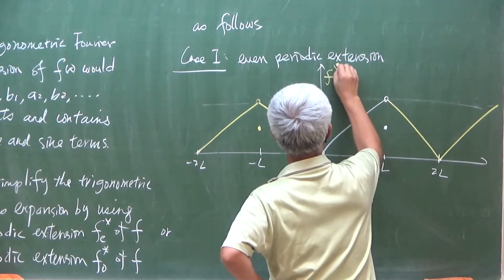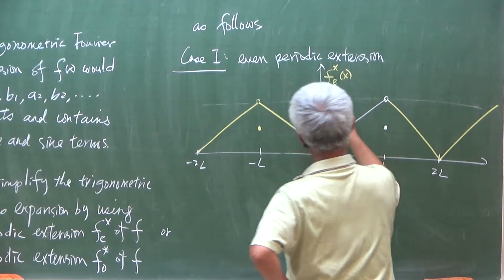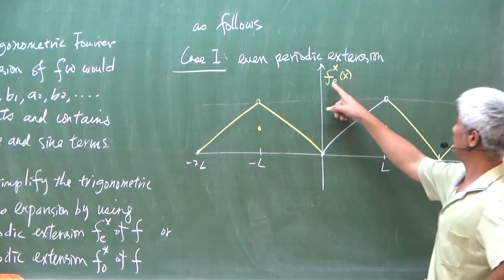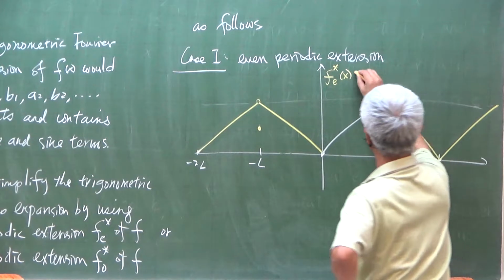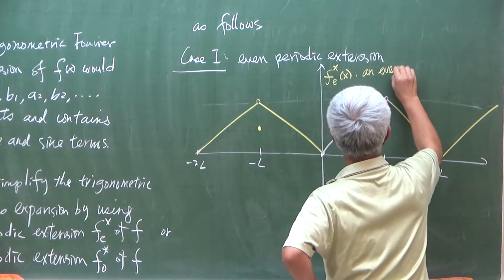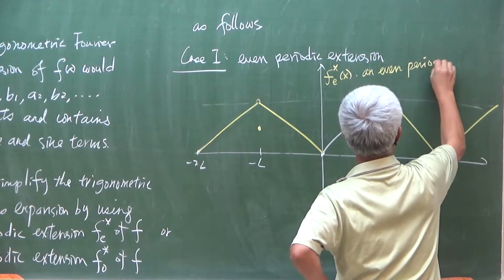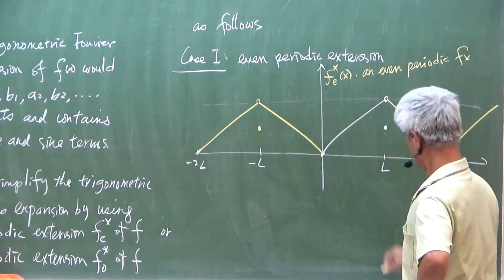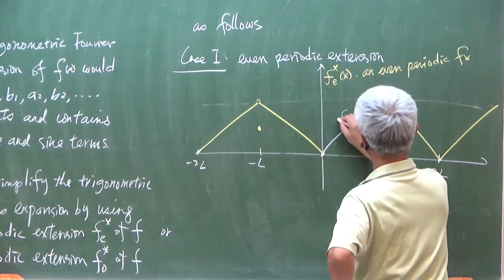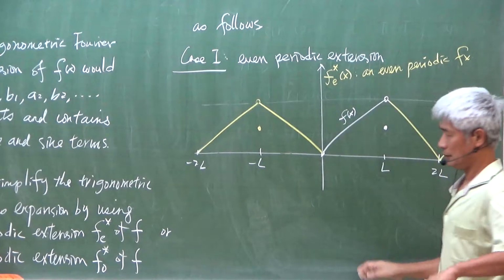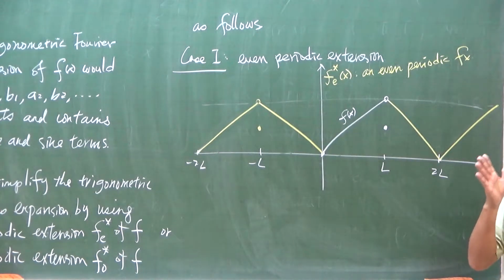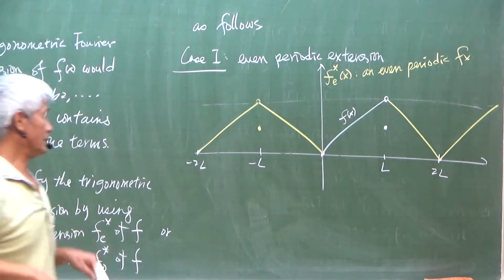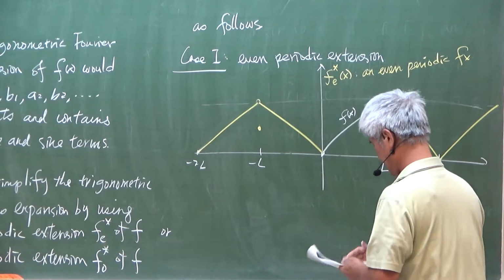So we have an even periodic function here. Right. So now this one is an even periodic function. And f of x here is just in a half range, in half of the period. So that's why we call it half range extension, right? We now have that.